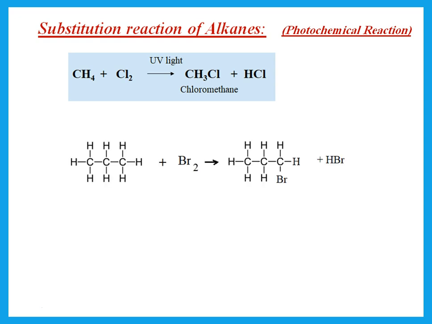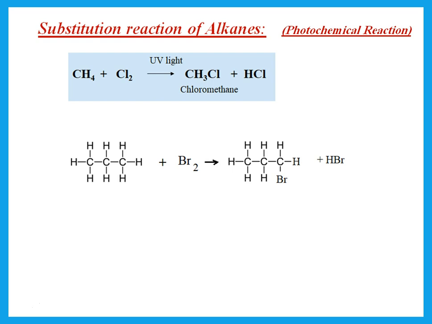Again, if I am reacting this alkane, do you remember the name of this alkane? This alkane is something that has 3 carbons. So I'm starting here with propane. Now, when we react propane plus bromine, first of all, if he asks what are the conditions, UV light. UV light allows this reaction to happen. What is going to happen?